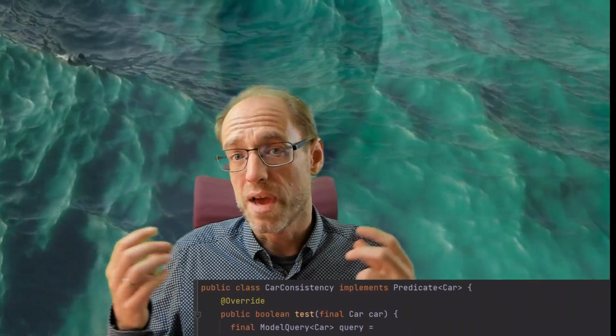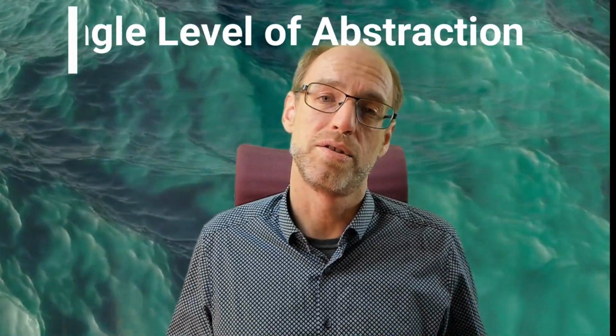And if each of them takes one chunk of your short-term memory capacity, you're basically out of chunks. Your mental capacity is gone. So if you want to also think about what this code actually does, what the intention is, the next higher level of understanding, I would need at least one chunk in your mind which is no longer available. And that's the single level of abstraction that we talk about here.